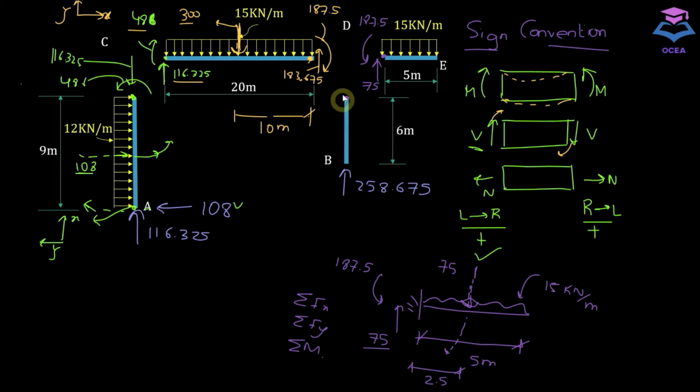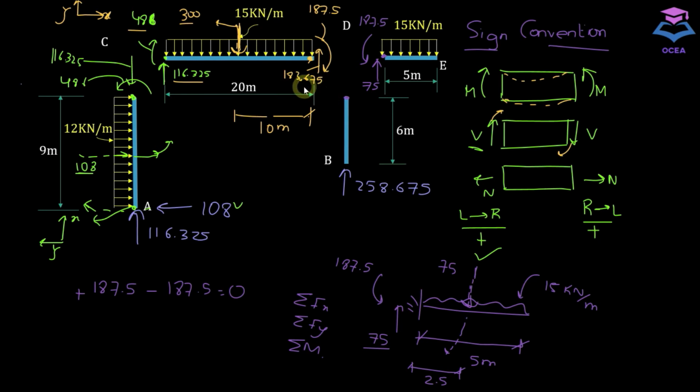To transfer the moment here, take the algebraic sum of the moment at this point as well as this point and reverse it. This is acting in clockwise direction, so this will be positive, and this is acting in counterclockwise direction, so this will be negative. So there will be zero moment transferred to this end of the member.